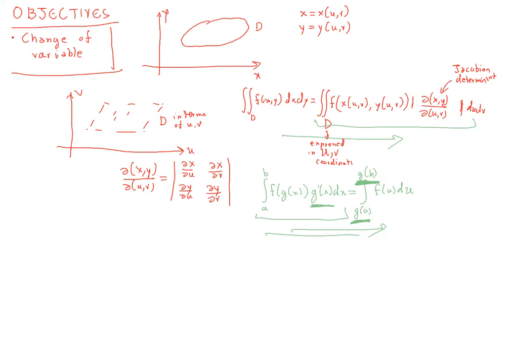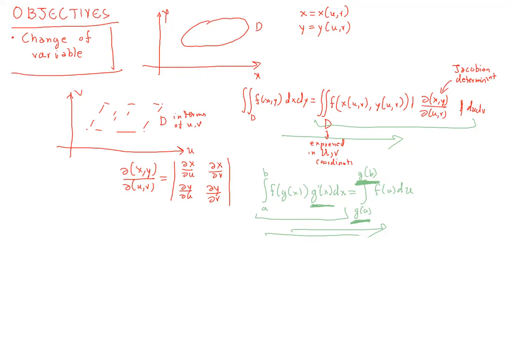But in the case of several variables, what we really target is the domain. I mean, we're not completely oblivious to what the integrand is. We don't want to get an integrand that is impossible to work with. But in most cases, what we're trying to do is get a much more convenient domain than the one we started with. And hence the difference in how these formulas are usually treated.